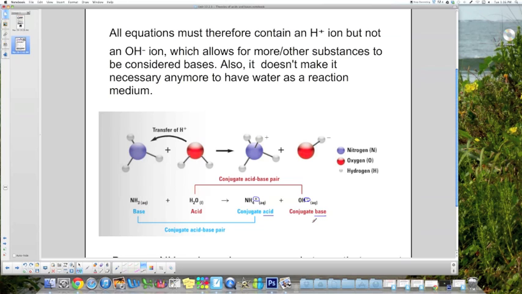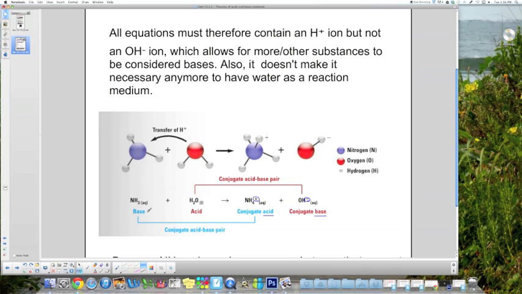So we pair up substances in reactions like this. This H2O became OH minus. On this side of the reaction, it was the acid. On this side of the reaction, it became the base. So this pair, acid-base, are called conjugates. Or this is the conjugate base of this acid.